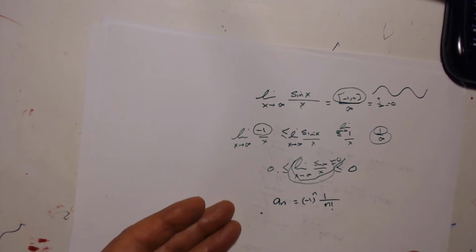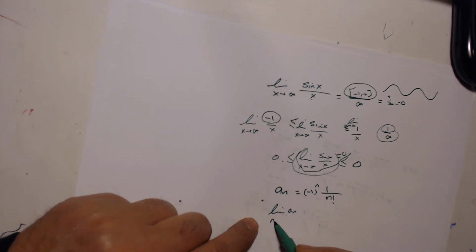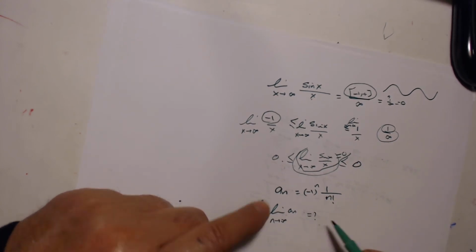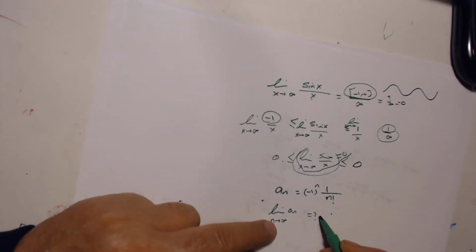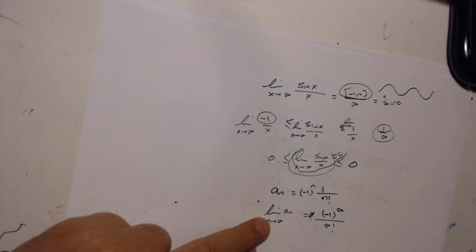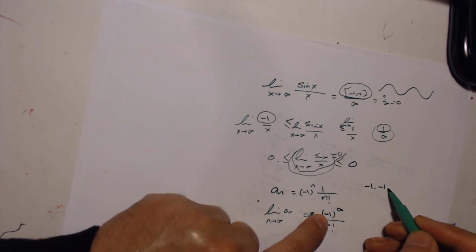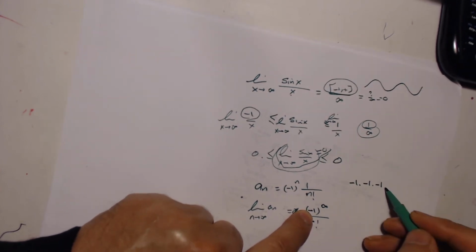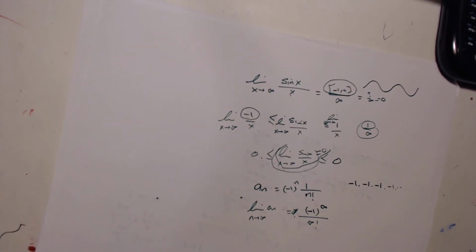And therefore I have to start thinking, if I want to find the limit of a sub n as n approaches infinity, what do I have to do? Somebody said, okay, it is equal to -1 to the power of infinity over infinity factorial. But remember, -1 to the power of infinity means -1 times -1 times -1 times -1 times -1. You've got to keep going and keep going and keep going. And I have no clue.